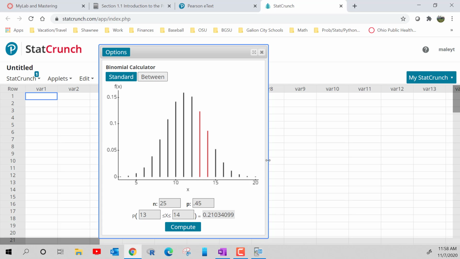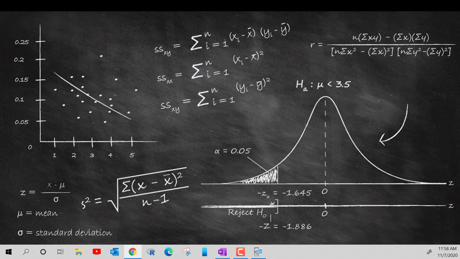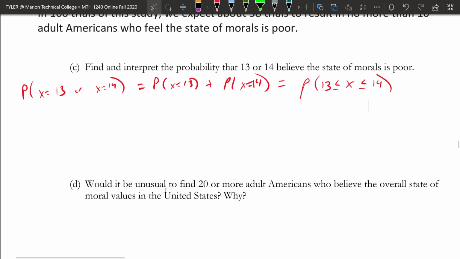So that's a nice feature, and you can see in the graph it's highlighting x equals 13 and 14 in red. So this value is equal to 0.21, roughly.